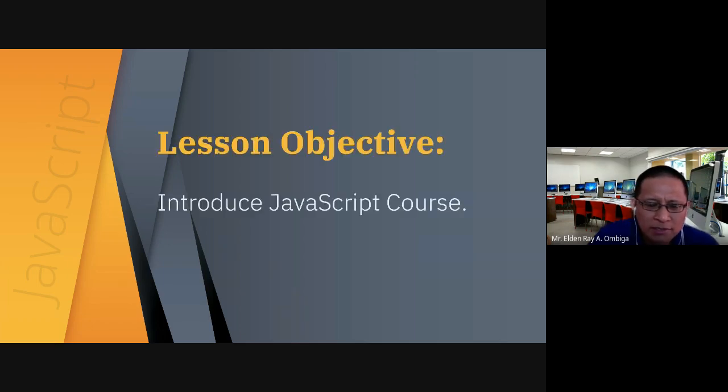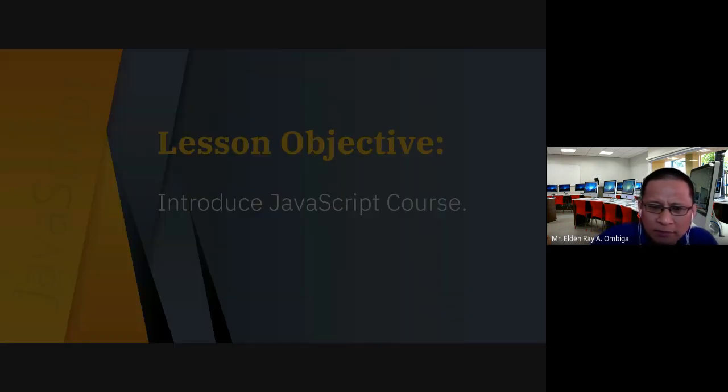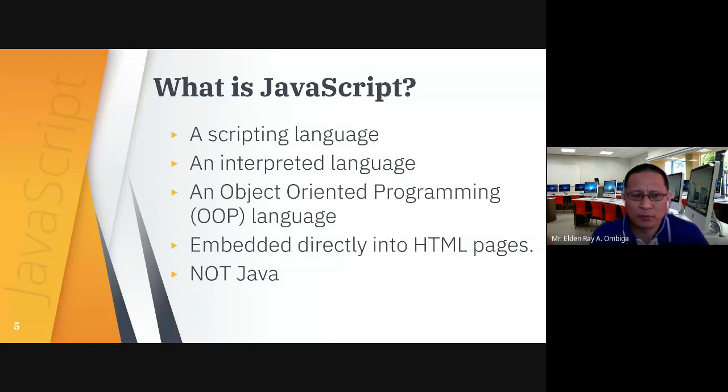So for today's lesson objective, we are going to introduce the JavaScript course. And we have this question, what is JavaScript? Does anyone research about what JavaScript is? Or if you have gone through the web page, JavaScript actually means it's a scripting language.